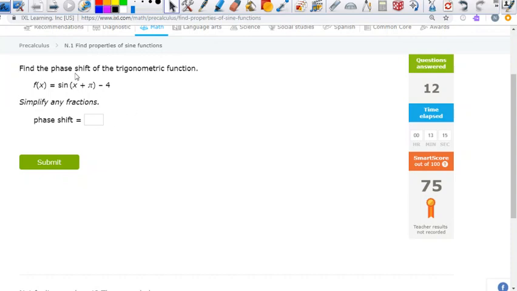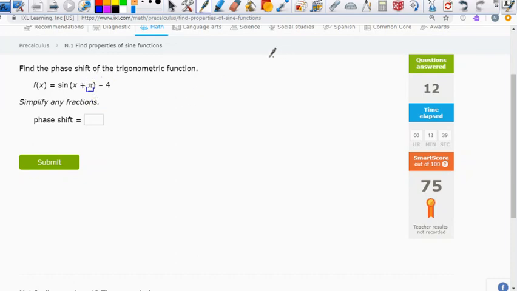All right, our phase shift is going to be our term right here, pi. We're dividing it by our coefficient of x. And then we need to make sure that we're subtracting.